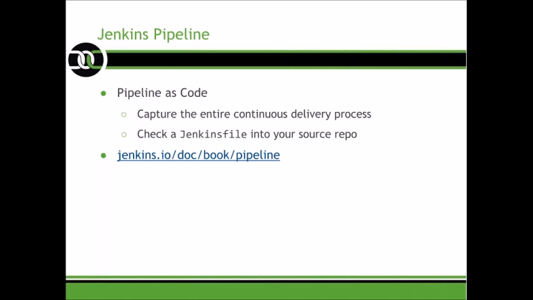That lets everyone get involved with understanding what our pipeline is, being able to visualize it, and being able to interact with it, change it, and improve it. And of course, since it's in the same repository with our product and tools, it versions alongside them. So when we make a change to our build, we can make a change to our pipeline at the same time.